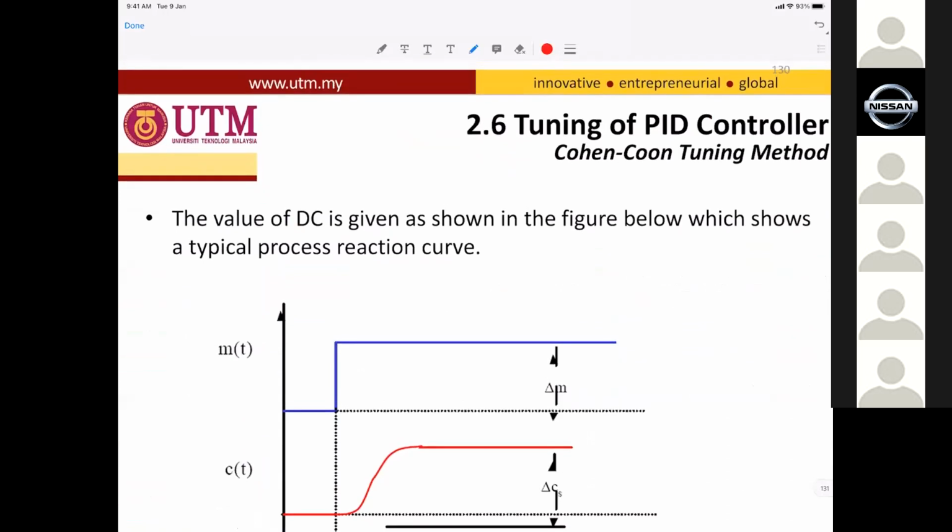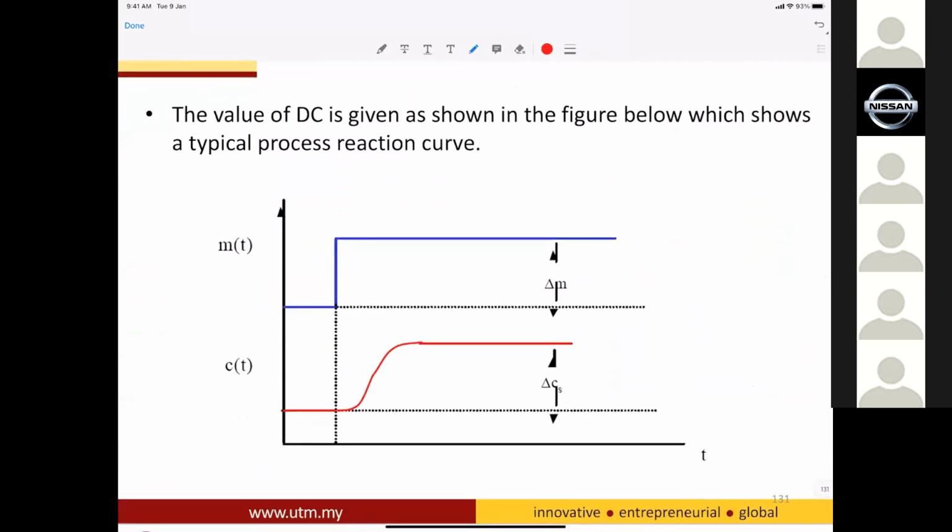The value of C is shown in the figure below. This is delta M, the magnitude of the step input signal, shown in the typical process reaction curve, where this is the output and this is the input. This is C(S).